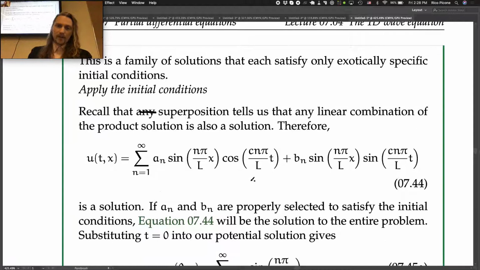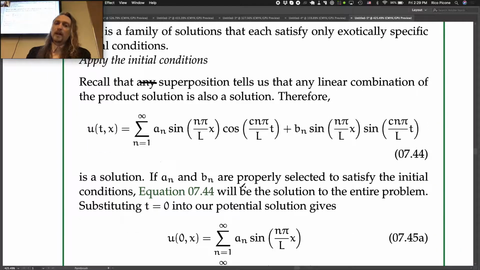Therefore, this infinite sum of linear combinations of these solutions is a solution, okay? If an and bn are properly selected to satisfy the initial conditions, equation 744 will be the solution to the entire problem. Okay.